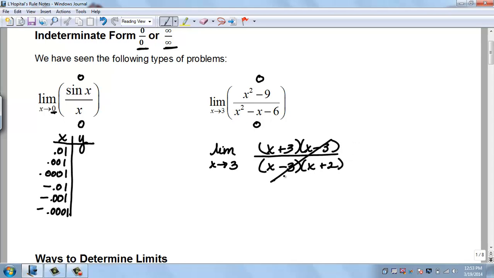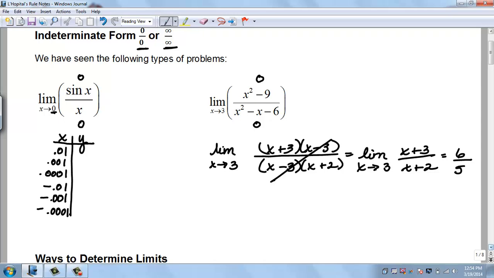Then we saw this canceled, so this is the same as the limit as x approaches 3 of x plus 3 over x plus 2. In this form we could substitute, and we end up with 6 over 5. So these are things we did before.